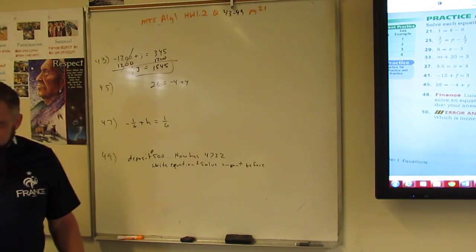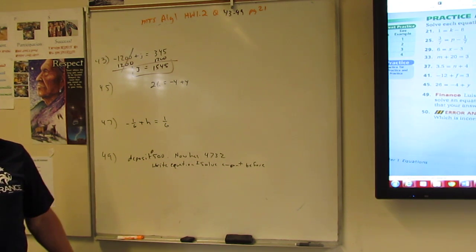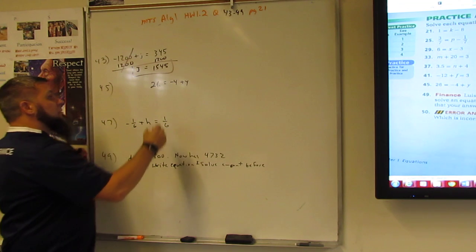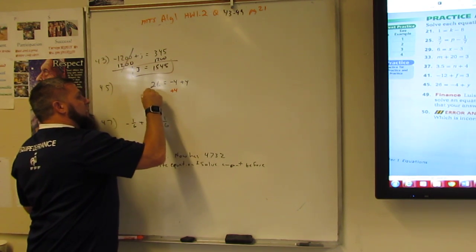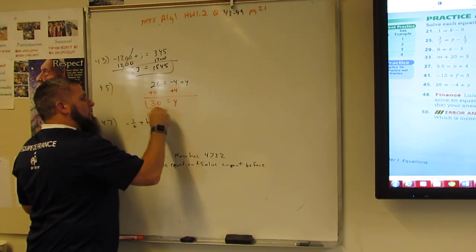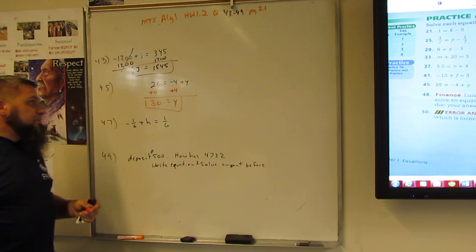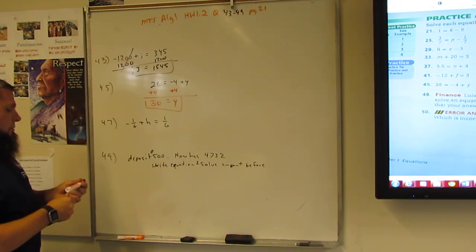Adding a positive 4, right? Opposite of negative 4 is positive 4. So I'm just going to go positive 4 here and positive 4 here, and what do I get? 30 equals y.